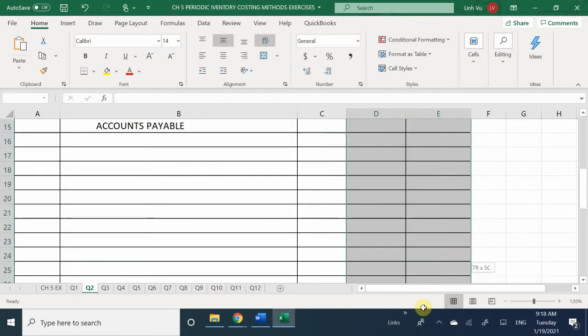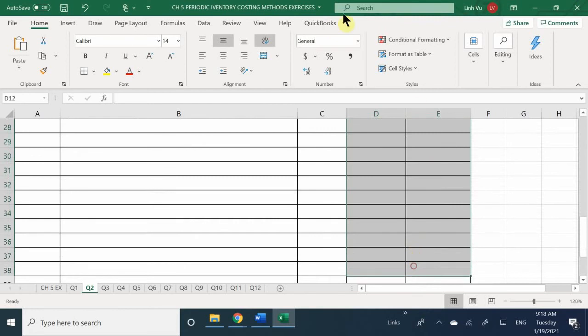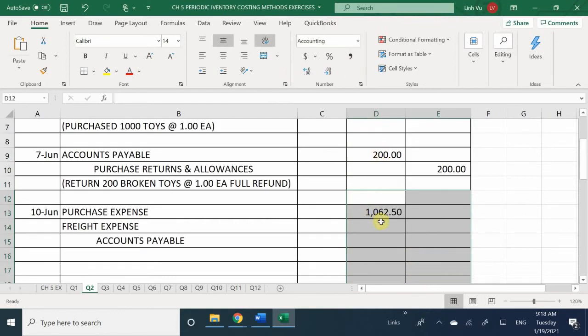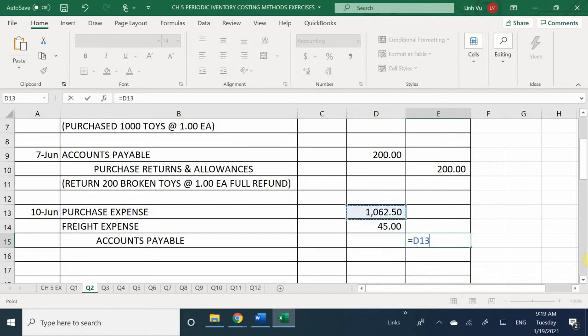I'm going to format all of these real quick. Okay, so good, 1,062.50. Okay, how much was freight? 45. So giving me my grand accounts payable total to be 1,107.50.